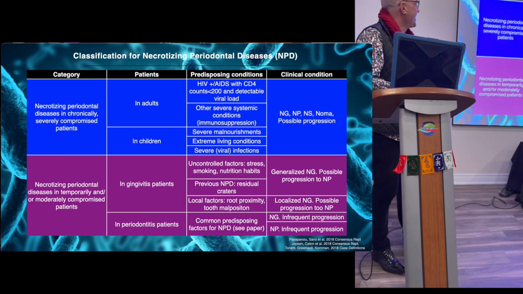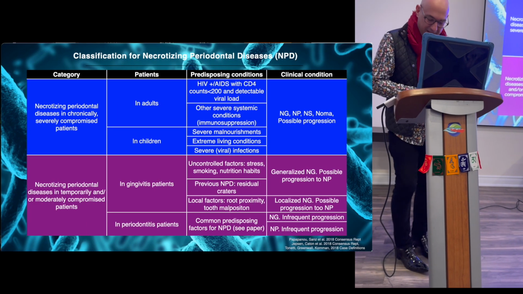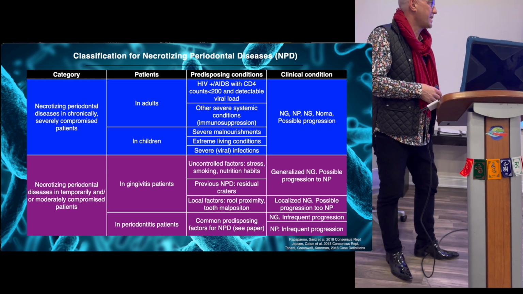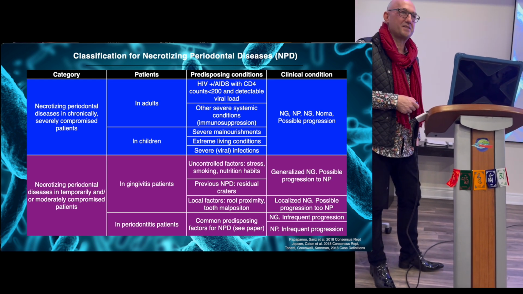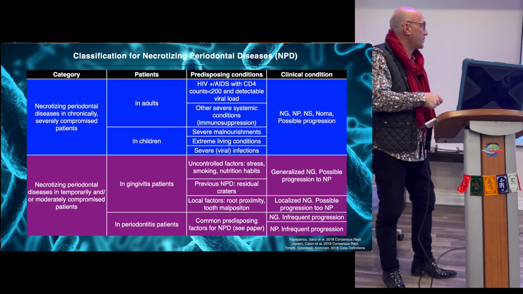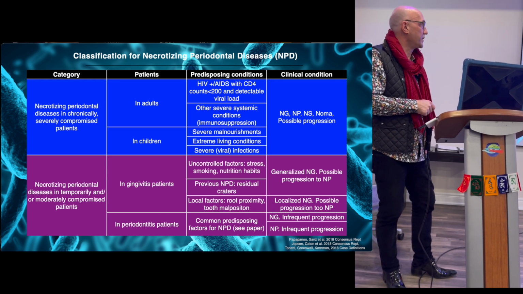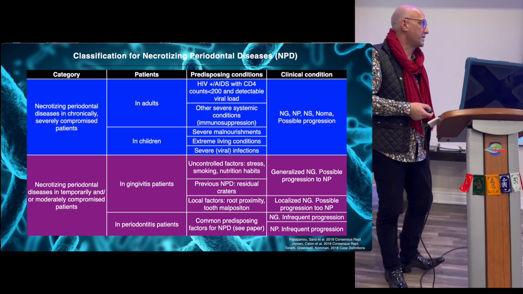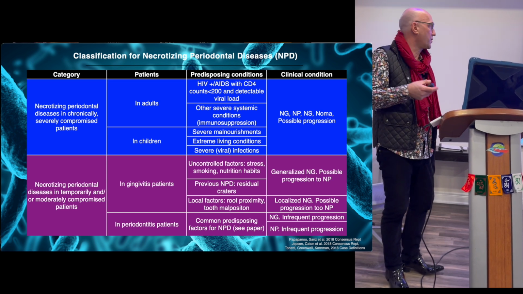Okay. So classification for necrotizing periodontal diseases. Hopefully you will never ever have to use these. This is really splitting things, but we can have necrotizing diseases in chronically severely compromised patients, like the patient who had an alcohol dependency and an autoimmune condition, was a heavy smoker.